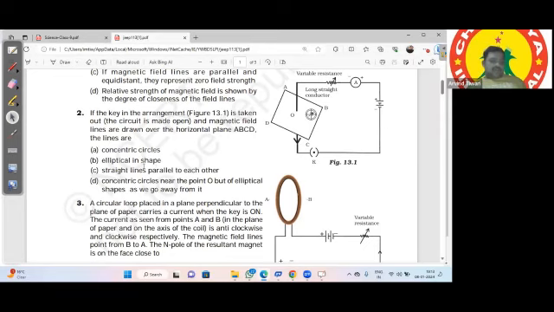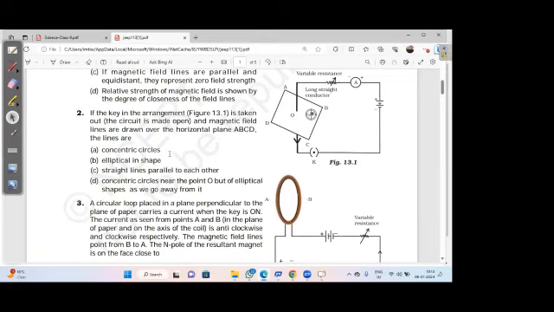Or is there anything that none of the options is correct? I didn't understand the question, so can you explain it?